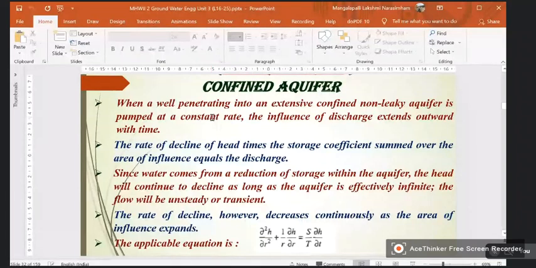Extensive meaning that its extent in both lateral and longitudinal directions, transverse directions, are infinitely large. And it is a non-leaky aquifer, and the well is penetrating throughout the thickness of the aquifer.